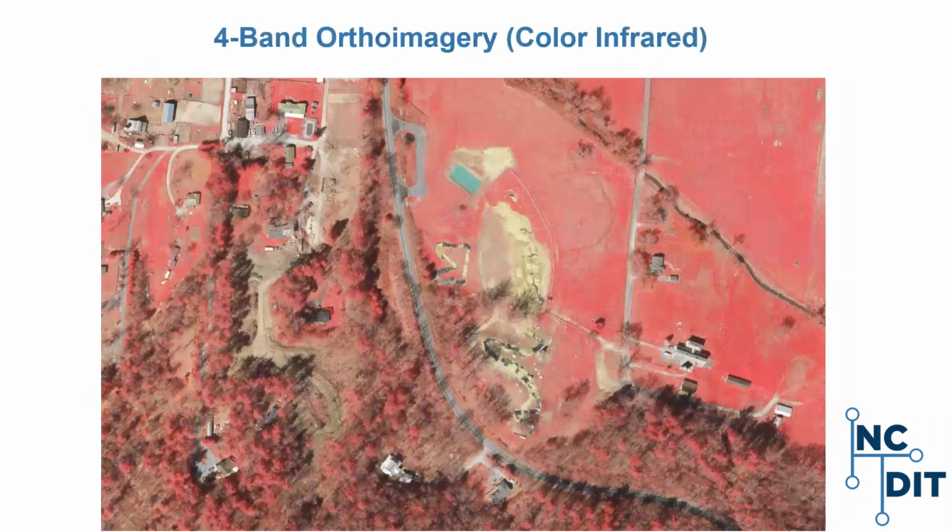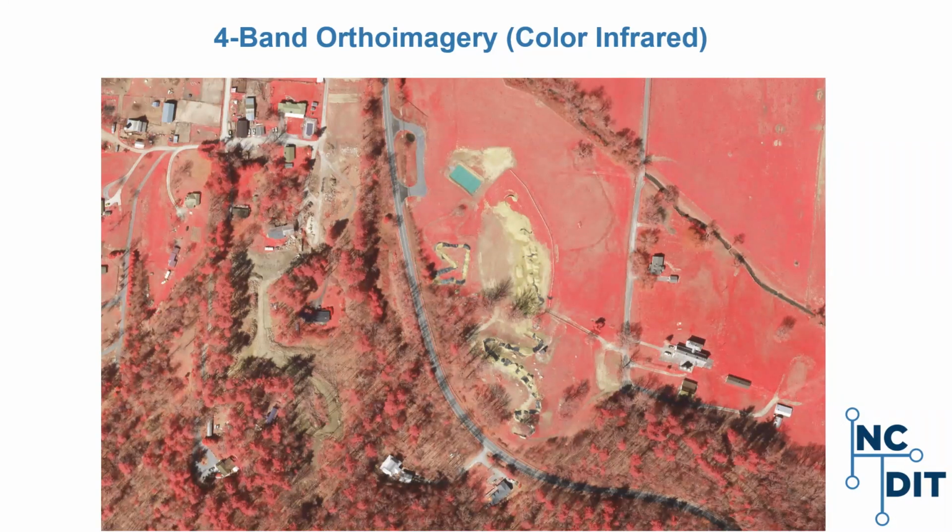So the infrared band allows for this really good distinction between man-made features and natural features. So in this case, buildings versus trees and vegetative cover.